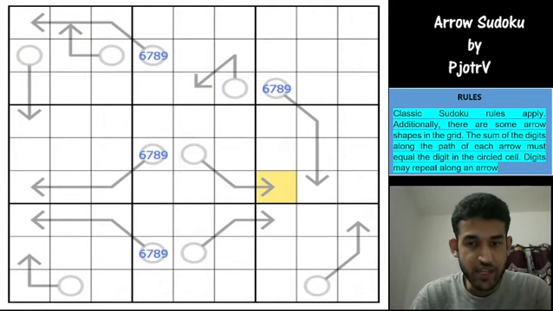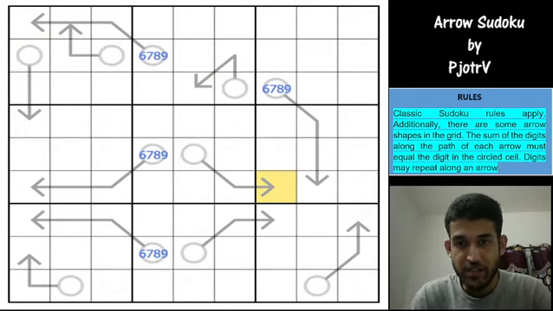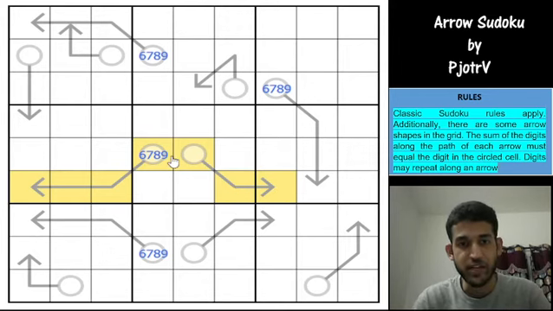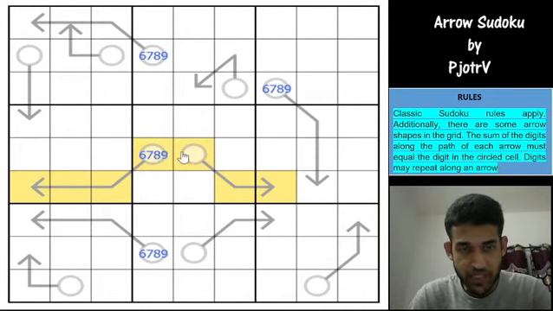So let us try combining arrows and see if that is of help. So if I try to combine these two circles, I know that the maximum sum from these circles is going to be 8 plus 9, which is 17. And I have 5 cells together which are going from these two circles. So basically the sum of these 5 digits in these arrows is going to be the sum of these two digits, right? And I also know that the maximum sum is 17.